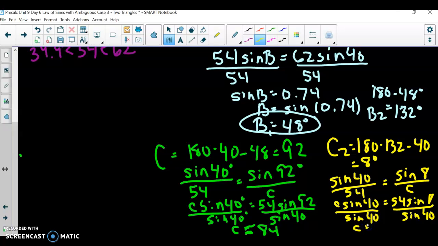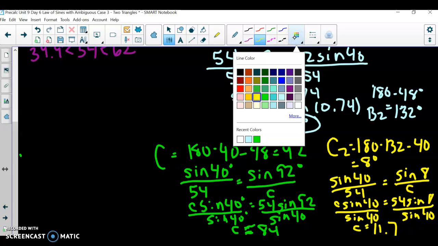And now I have 54 sine of 8 divided by sine 40. c could also be 11.7. Okay, so these are your different answers.